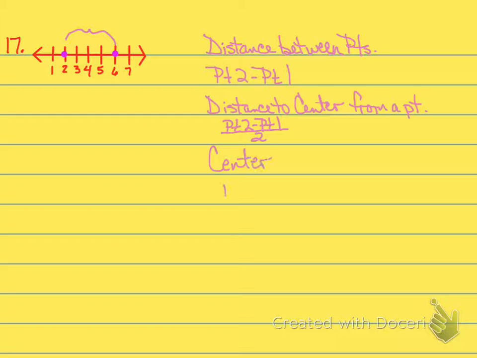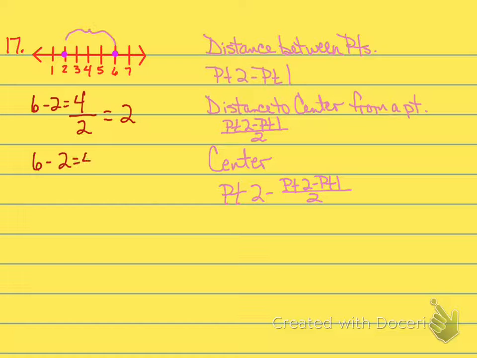So for the center, we're just going to go ahead and use point 2 minus point 2 minus point 1 divided by 2, or point 2 minus that distance to the center. So we have point 2 is 6, minus point 1 is 2, and that's 4.